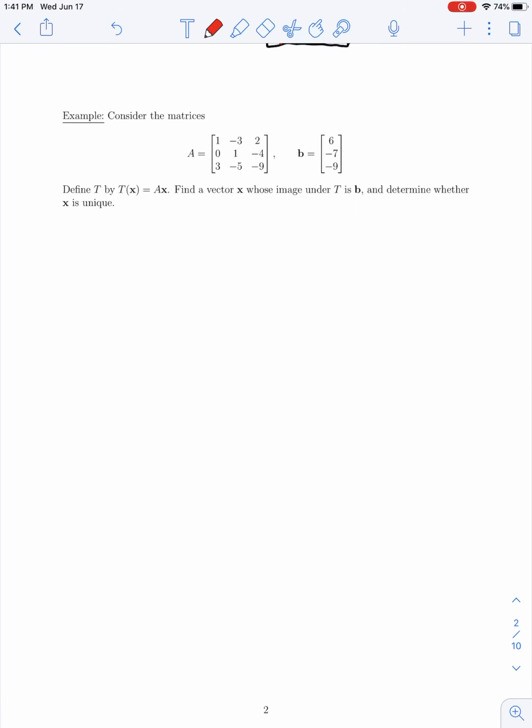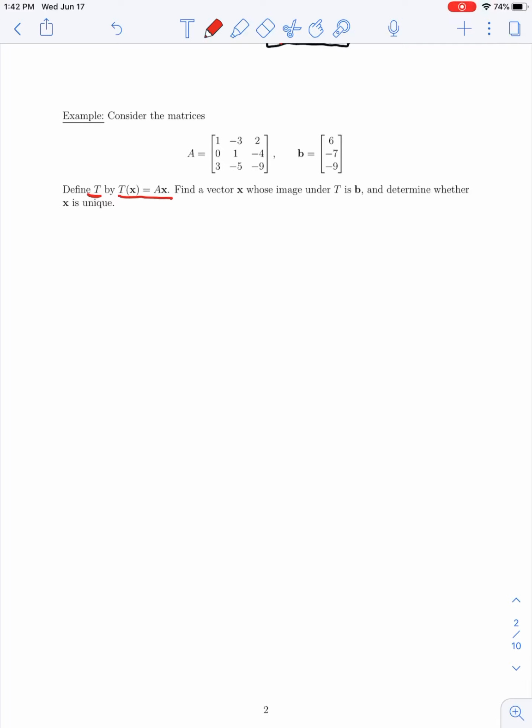Okay, so let's consider another example. In this next one, we have a matrix A, which is some 3 by 3 matrix, and a vector b, which is a 3 by 1 column vector. We're defining a transformation T by T of x is equal to A times x. Again, this transformation is described by matrix multiplication.